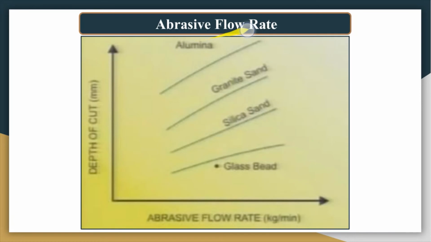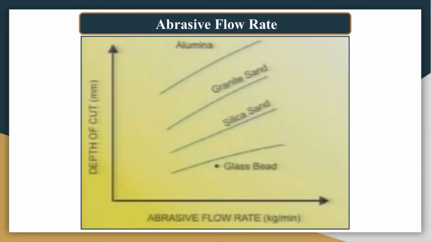As you can see here, as the abrasive flow rate increases, the depth of cut increases for the different kinds of abrasives, say glass bead, silica sand or alumina. One thing we can see here is that depending upon the type of abrasive, the depth of cut is different in different cases.